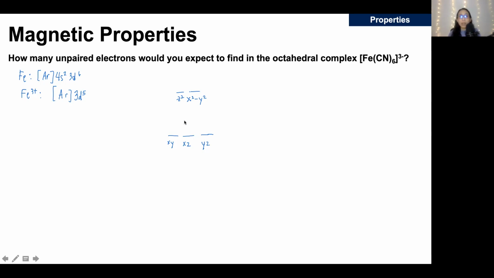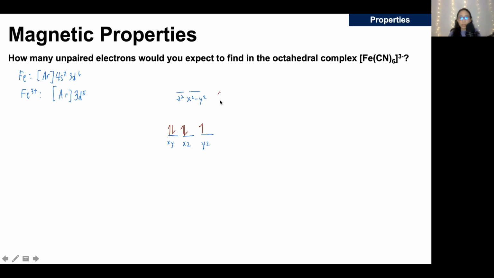Now, the next question we need to answer is if cyanide is a strong field ligand or a weak field ligand. If you recall, it is actually the first in our spectrochemical series, which means that it is a strong field ligand. Therefore, it will create a low spin complex. So how should we distribute our electrons? That's 1, 2, 3, 4, 5.